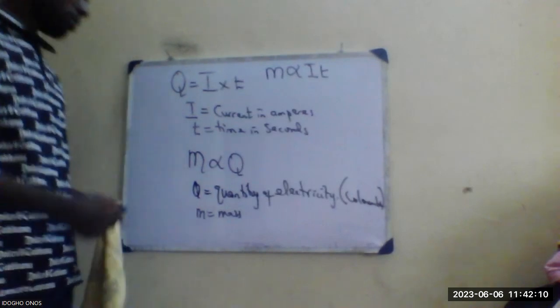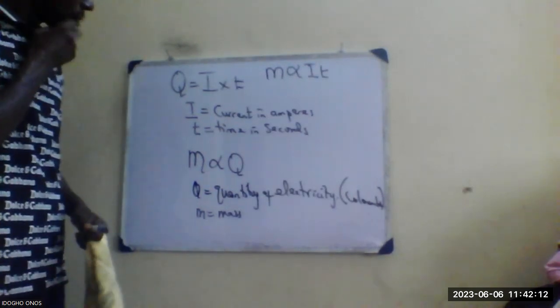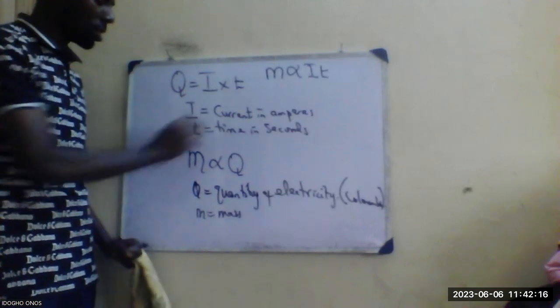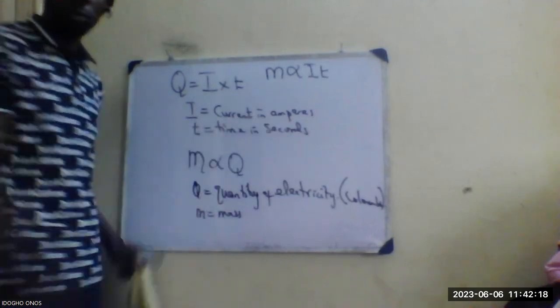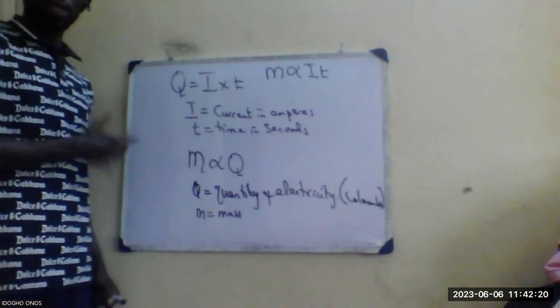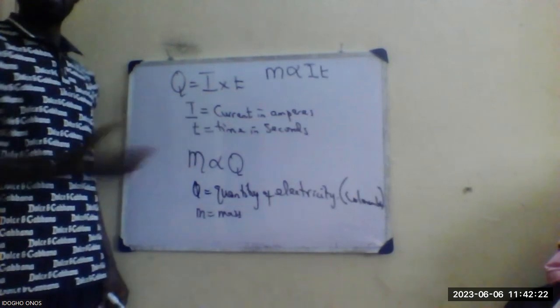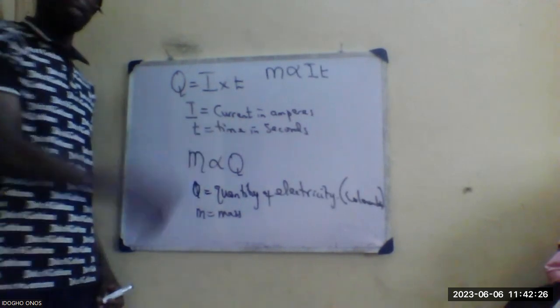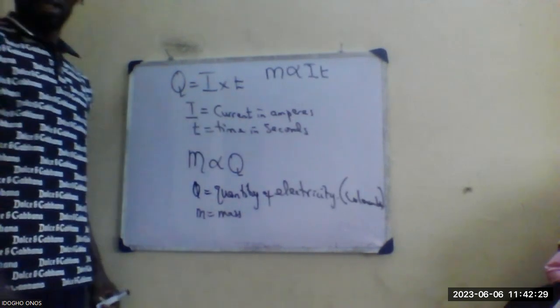Okay. Now, let the student know also that when calculating questions under electrolysis, the time must always be in seconds. Examiners are very tricky. They will leave the time in minutes, or the time in hours, or the time in both hours and minutes.